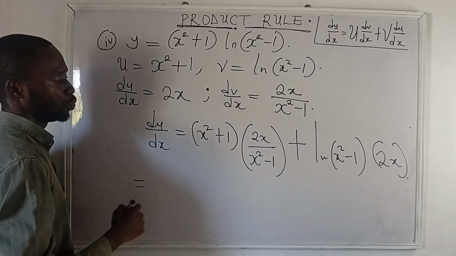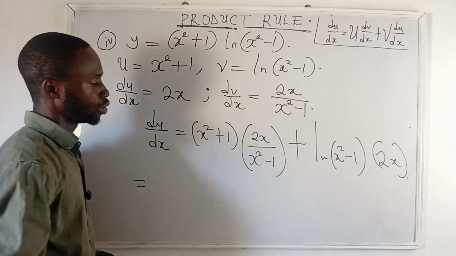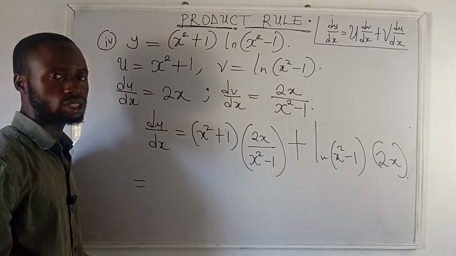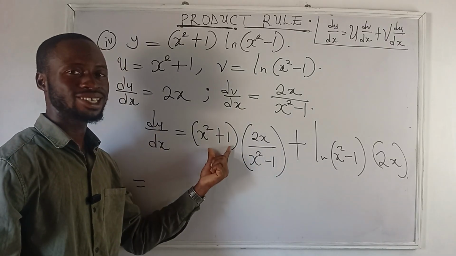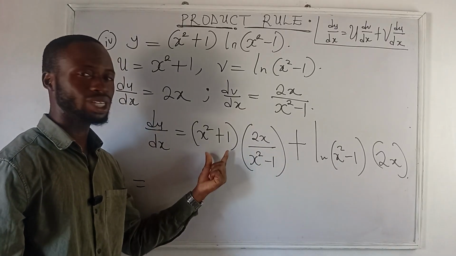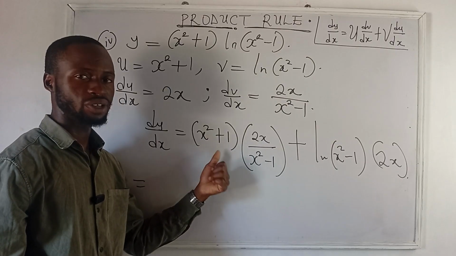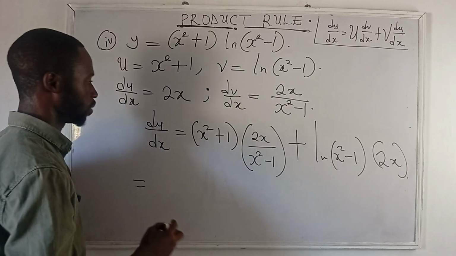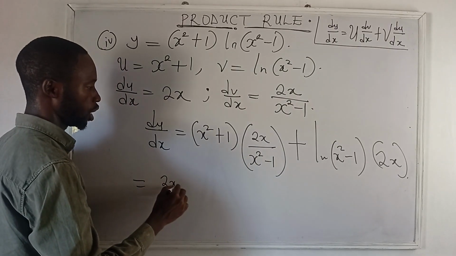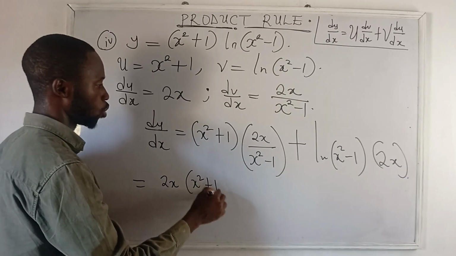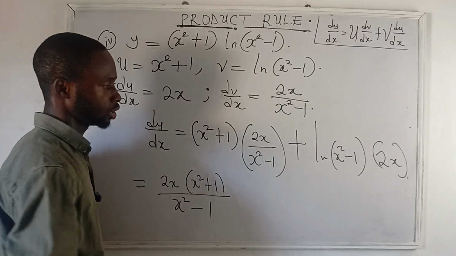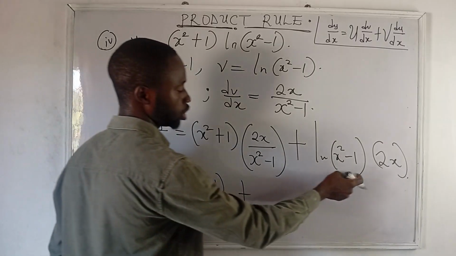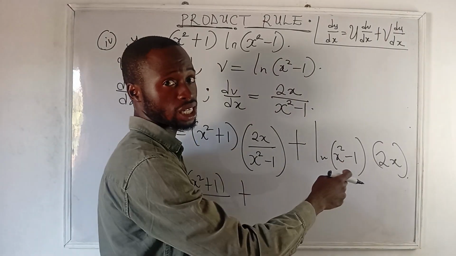So from here we could see how to manipulate or maybe cancel out things. But if you look at this, we have difference of two squares, but in this case this is not a difference of two squares. There's nothing we can factorize or simplify here. We just leave that as the final answer there. Then we would have 2x into x squared plus 1, then all over x squared minus 1, then plus, this is a function, you cannot multiply this inside this, right?